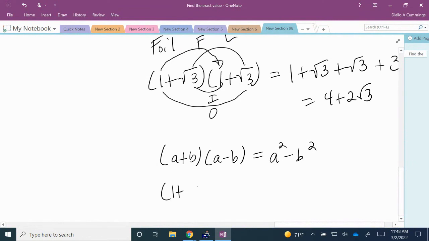So if we have 1 plus the square root of 3 times 1 minus the square root of 3, I can substitute a for 1, so 1 squared is 1. I can substitute b for the square root of 3 in the formula. So the square root of 3 squared, the square root and the square cancel. I'm going to bring down my minus, however. The square root and the square cancel, so I'm left with 3.